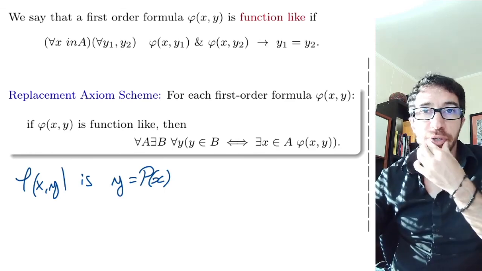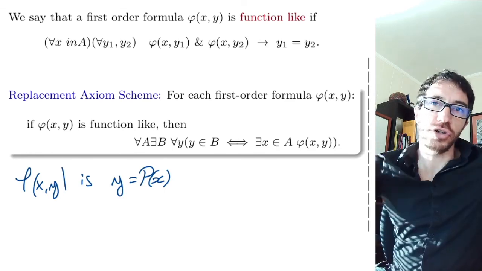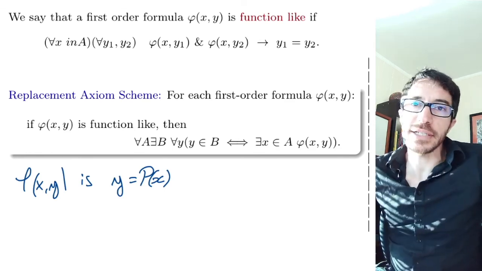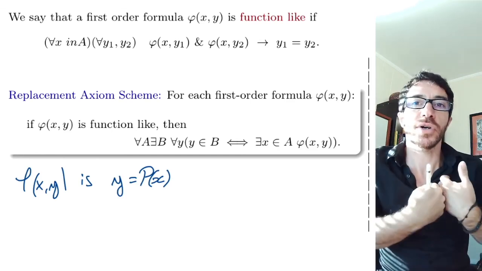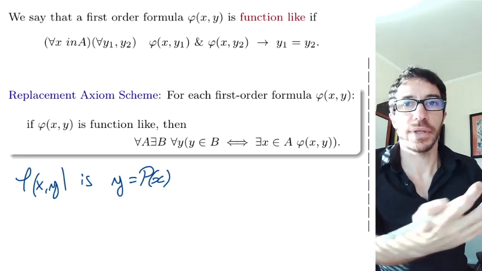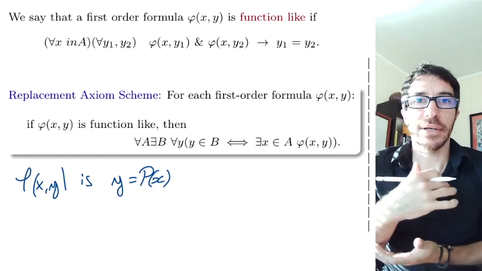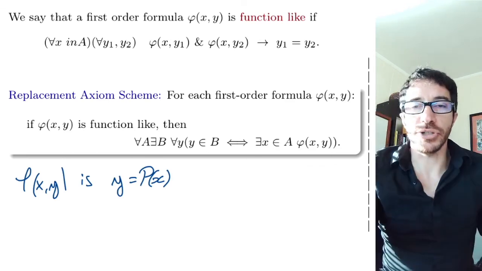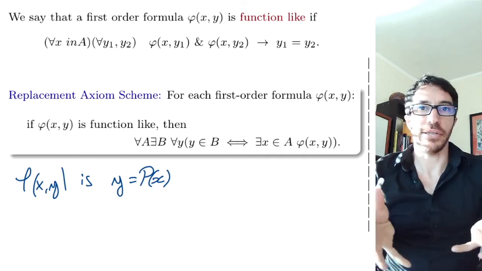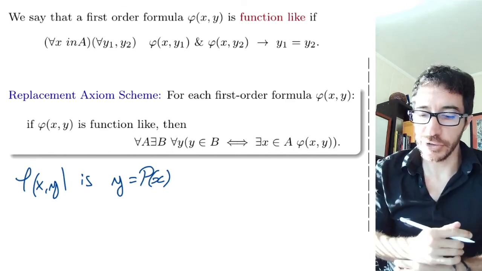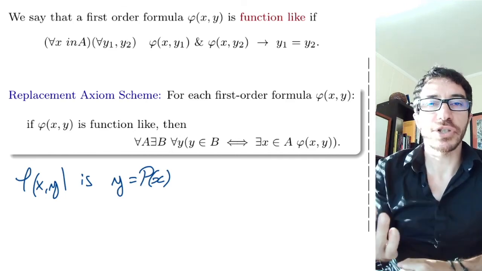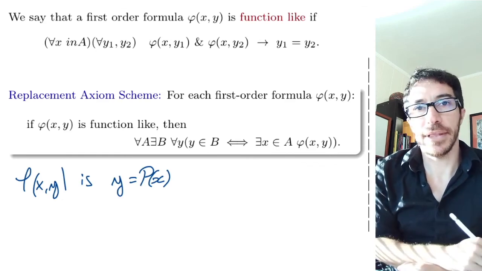It doesn't give you a function because the domain will be all sets. Essentially, it's like a function whose domain is all sets, and for all sets it gives you an image, the power set. But we cannot have the domain be all sets because all sets is not a set. So itself it is not a function, but we can restrict it to a fixed set.